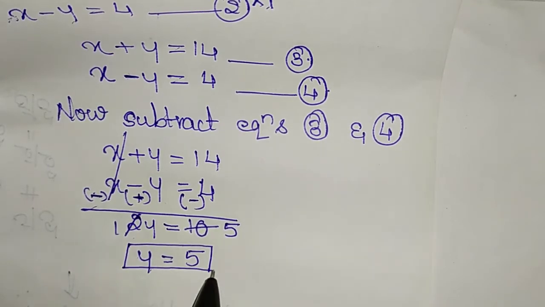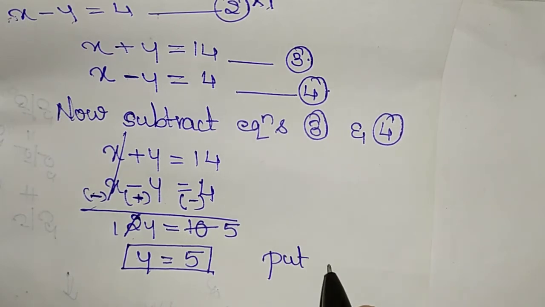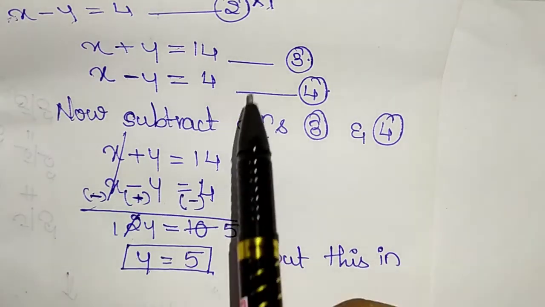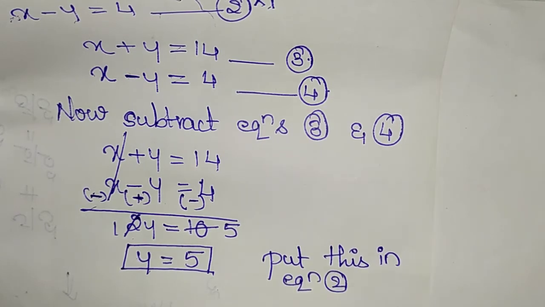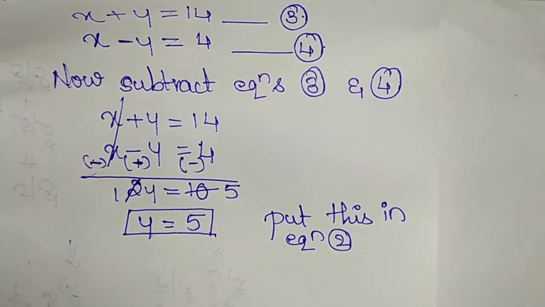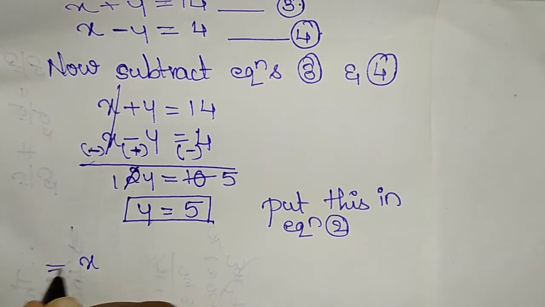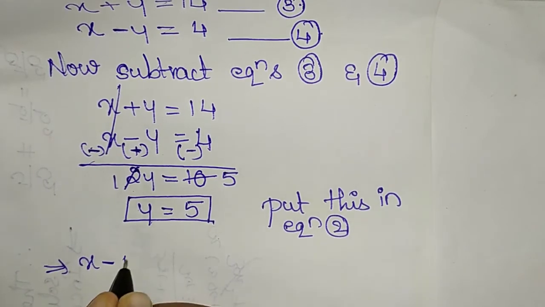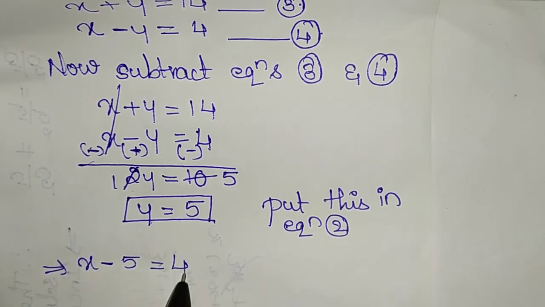Now put this in either of the equations, either equation 1 or 2. I'll put it in equation 2. Put this in equation 2, you will get the value of x. Equation 2 is x minus y is equal to 4. So this implies x minus 5, because y is equal to 5, is equal to 4.